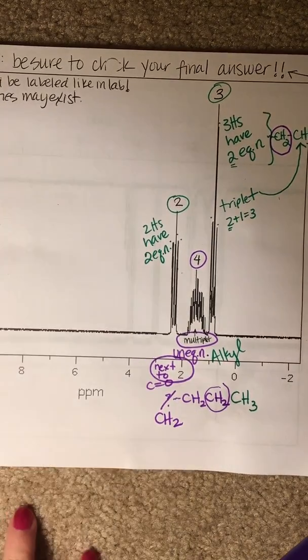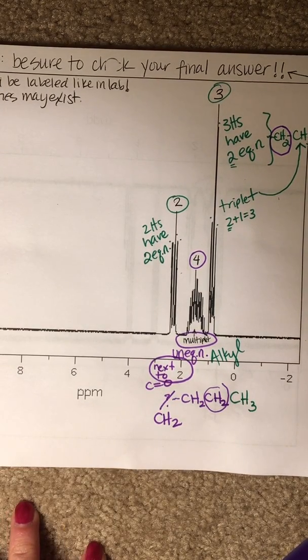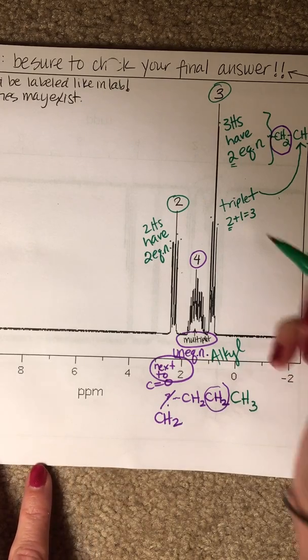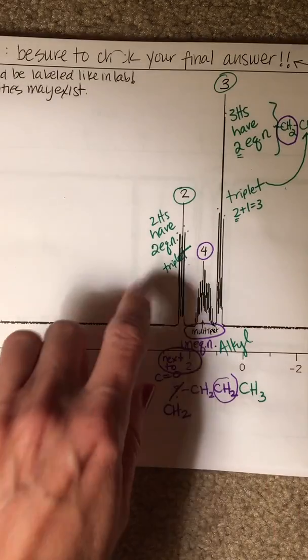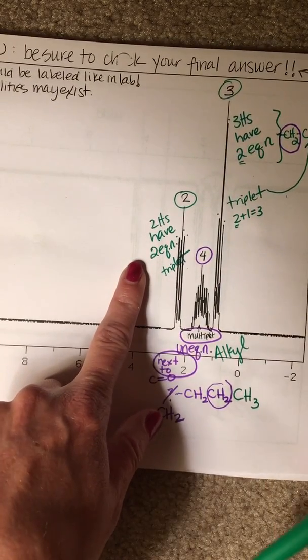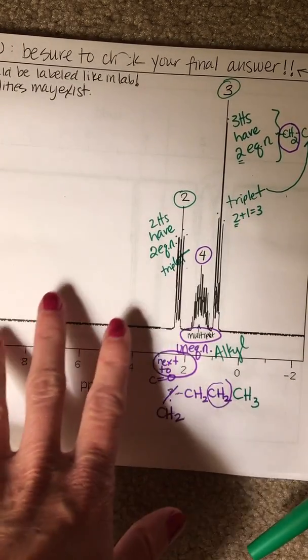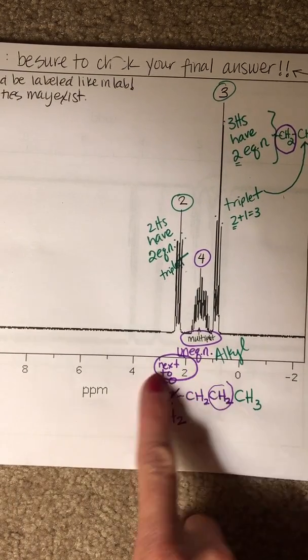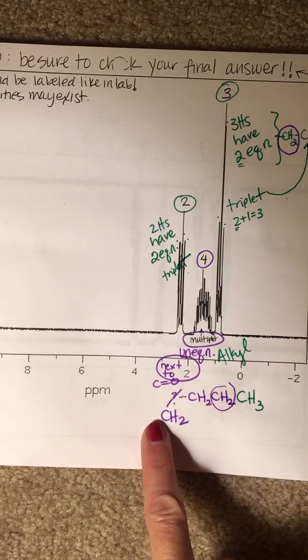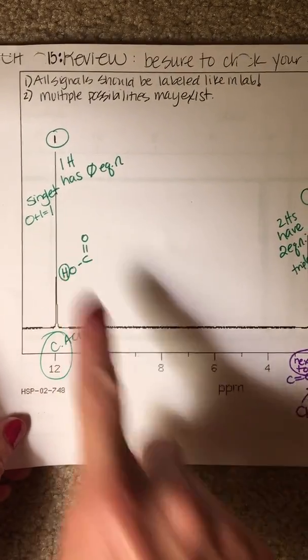So we are ready to put our structure all together. And then, really important, we should probably label this as a triplet as well. We already wrote what it meant. Again, all these analyses have to be on your paper, not just a final structure. So we've got this piece of the puzzle, and then we have this piece of the puzzle down here.